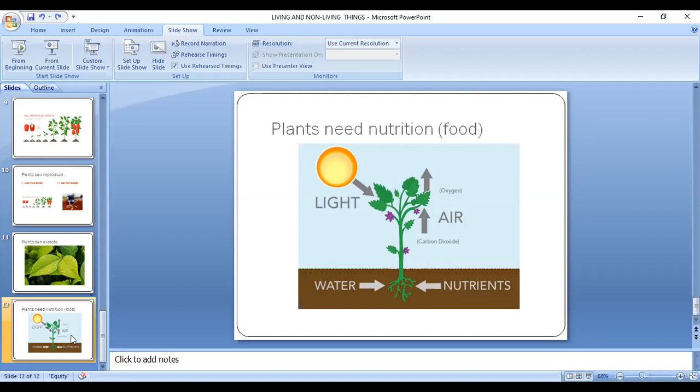If a thing has all these characteristics, we say it is a living thing. And plants have all these characteristics. So we say that plants are also living things.